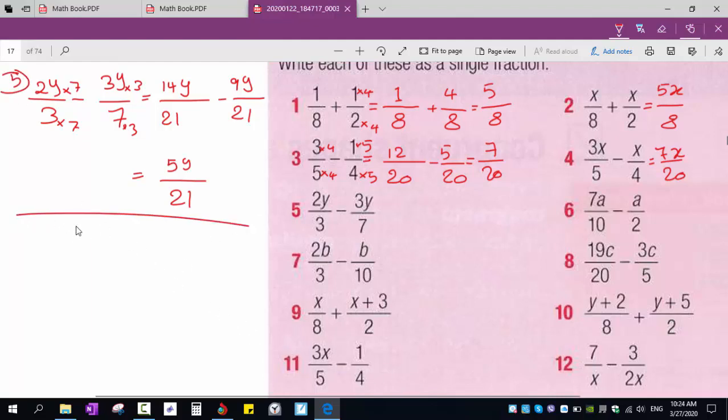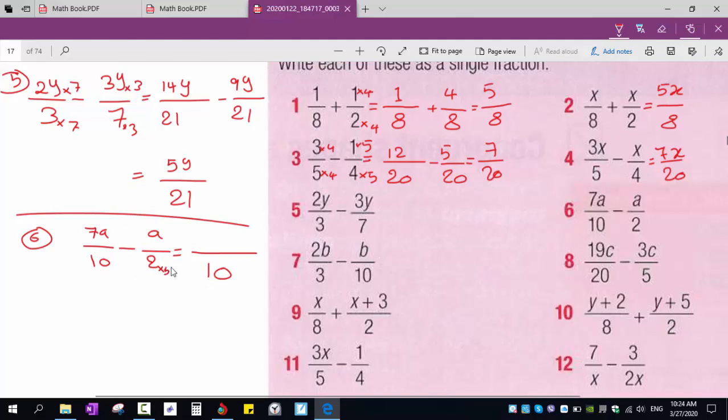Question 6. 7a over 10 minus a over 2. The common denominator between 2 and 10 is 10. We can also write one denominator. How 2 becomes 10?